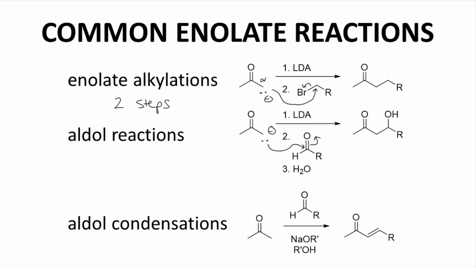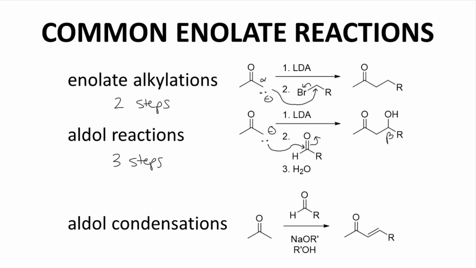The third and final step is addition of water or some other proton source to protonate the tetrahedral intermediate to form a beta hydroxy ketone. So the aldol reaction is often, not always, characterized by these three steps and a beta hydroxy ketone product.